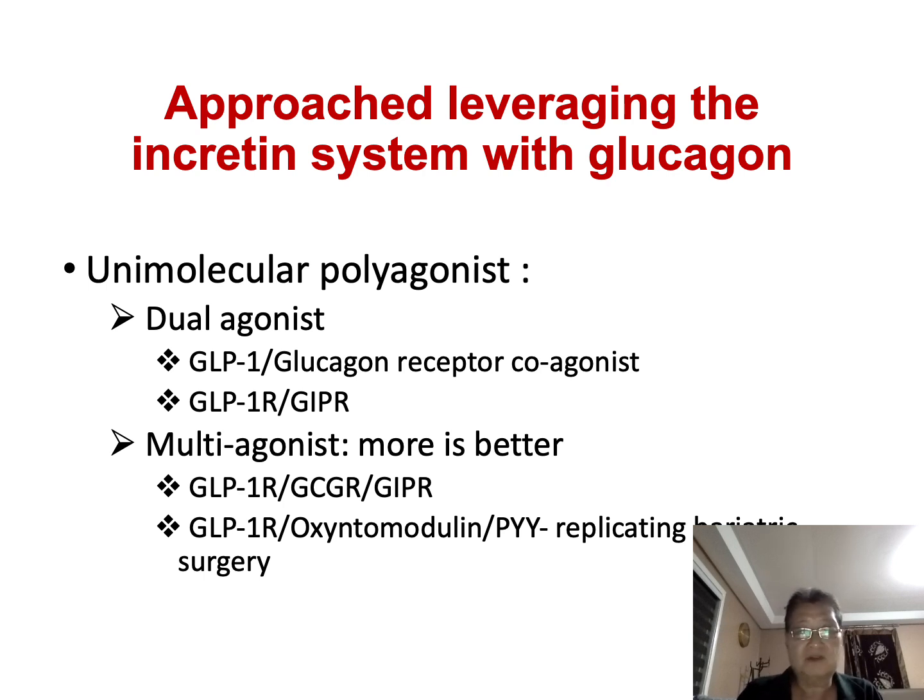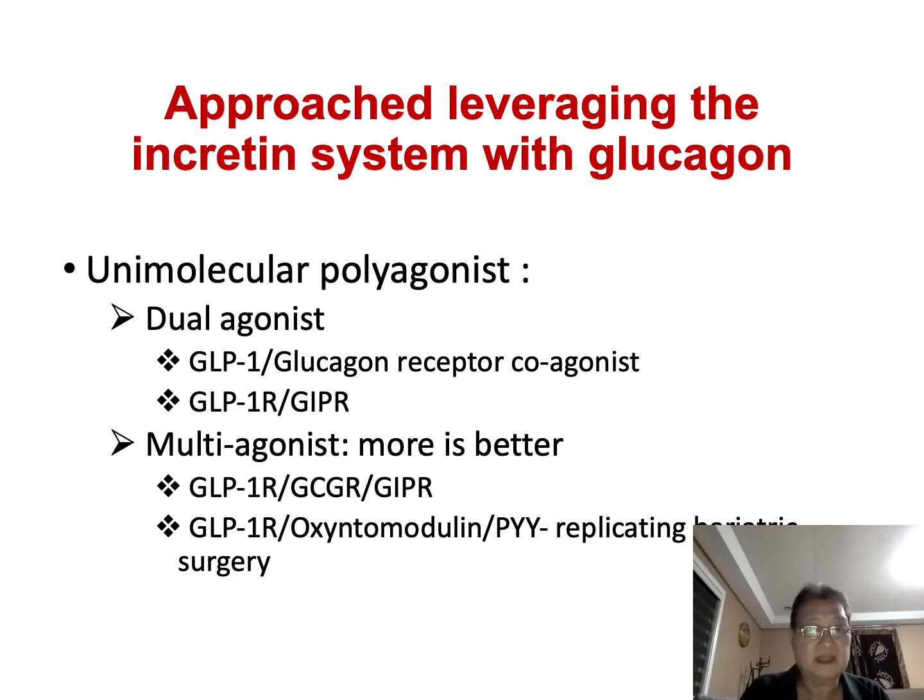For the dual agonist, they can combine a GLP-1 and glucagon receptor co-agonist, or GLP-1 and GIP, the two most common endogenous incretin hormones. Or maybe a better one is a multi-agonist. They say the more the better.